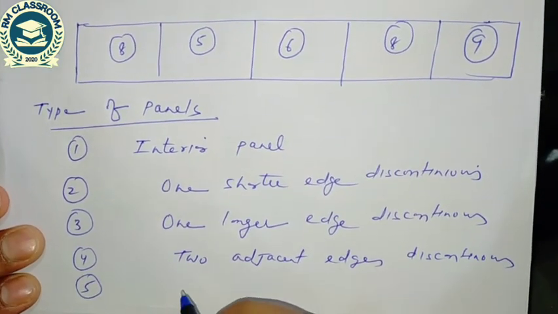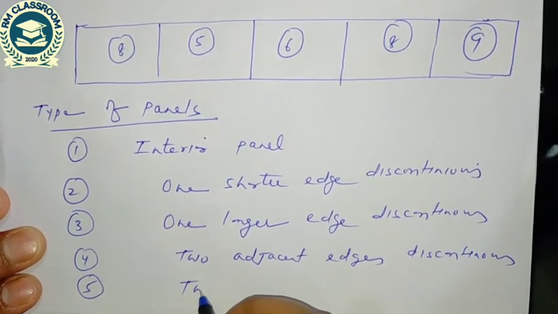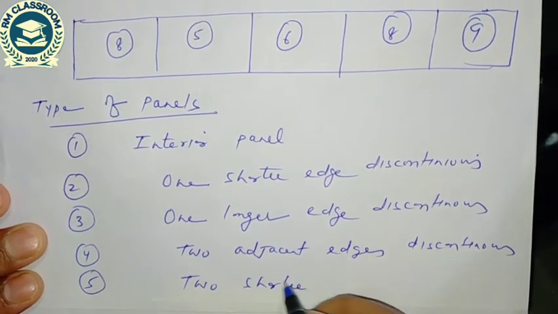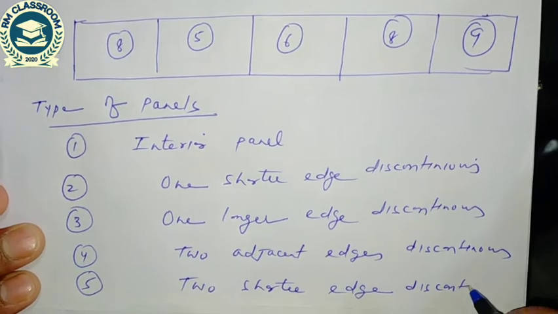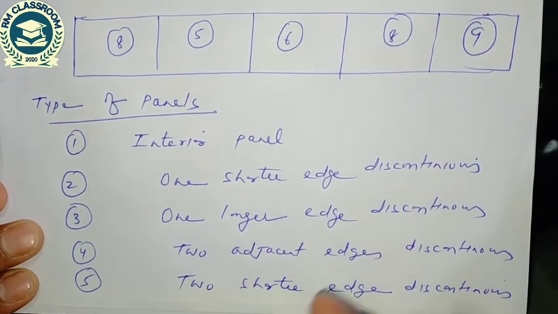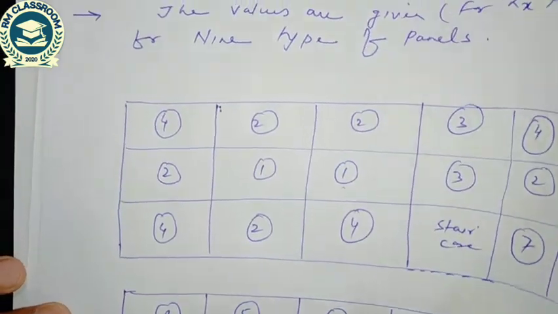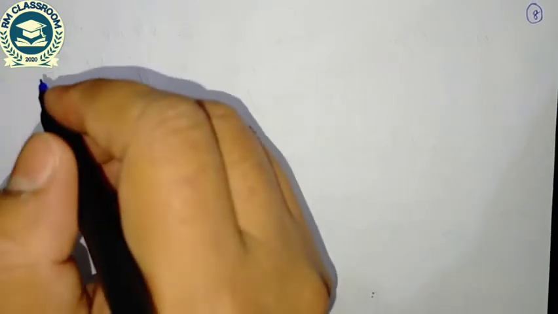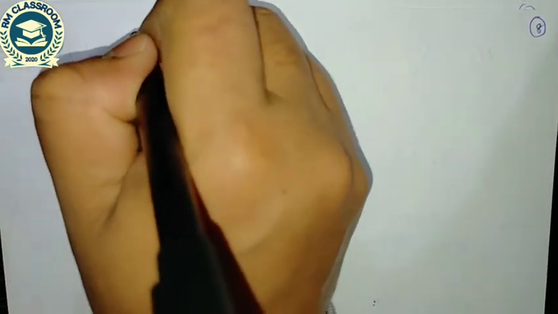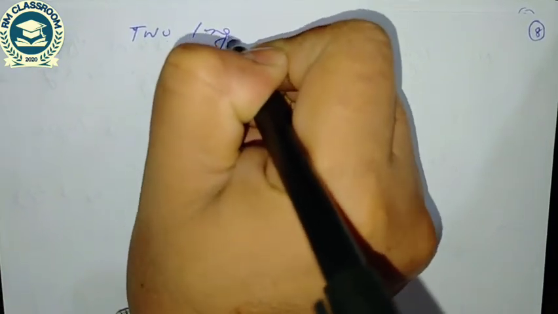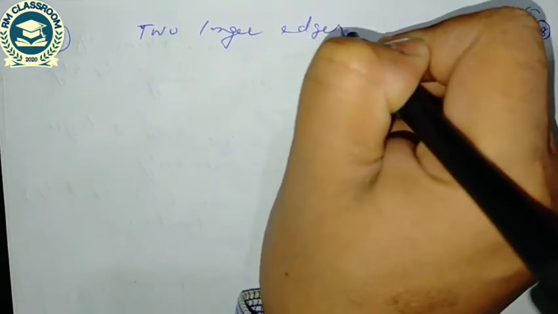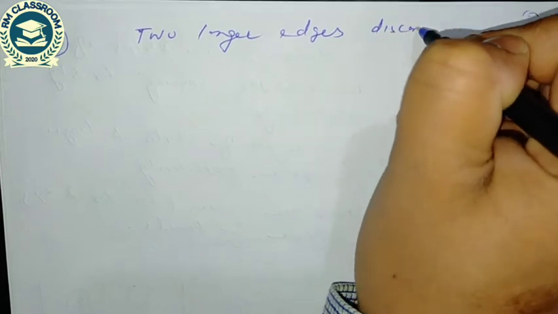Fifth panel is named as two shorter edges discontinuous. So in the question, any one type of panel is given, and with the help of that panel you have to choose the bending moment coefficients in x and y direction. Sixth panel is named as two longer edges discontinuous.